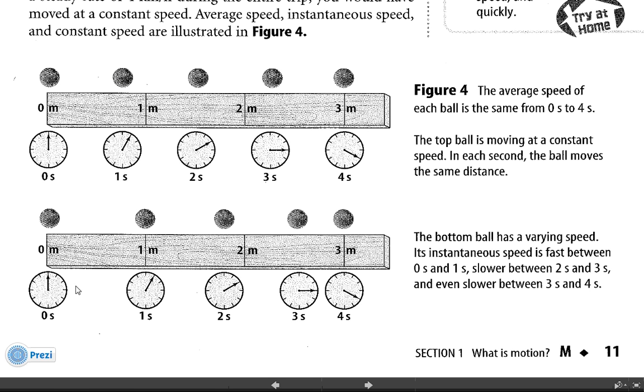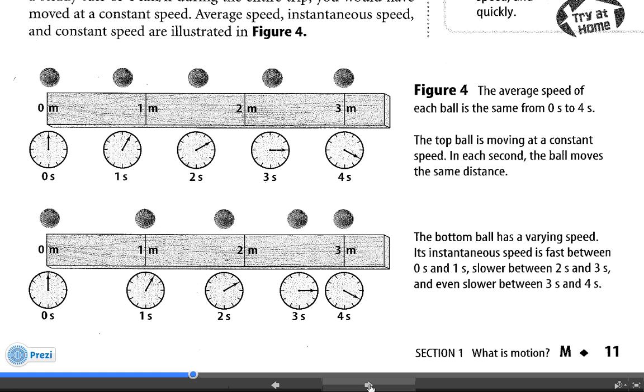Now, what do you notice different about this ball? Okay, we have our time again, 0, 1, 2, 3, and 4 seconds, the time intervals, but what do you notice about the distance between the ball here and here? What is the ball doing? Tell me tomorrow. Okay, Christian, thank you.